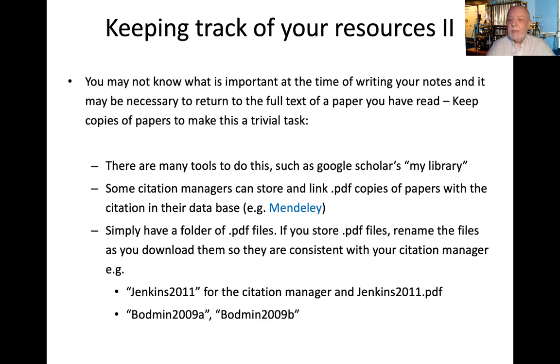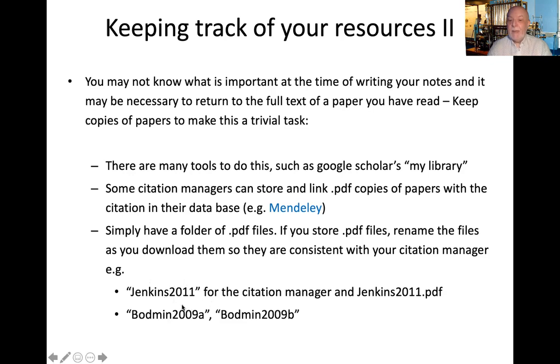What I would suggest is when you store the PDF, you rename it in the format that you might reference it in your paper. As an example, and I quite like this way of doing it, take a paper that was published in 2011, where the first author was called Jenkins. Jenkins 2011 is a nice, precise and easy format.